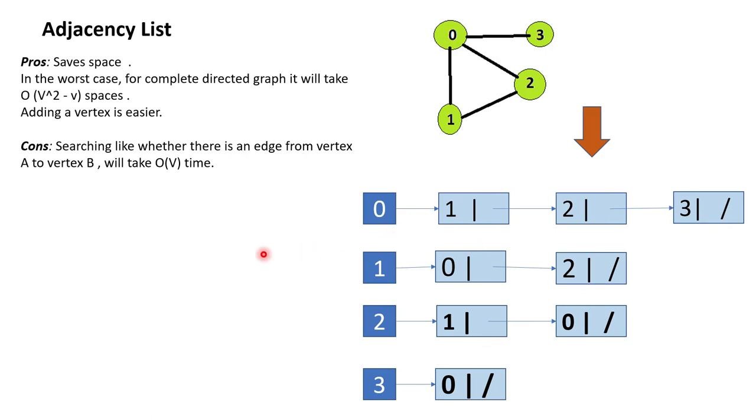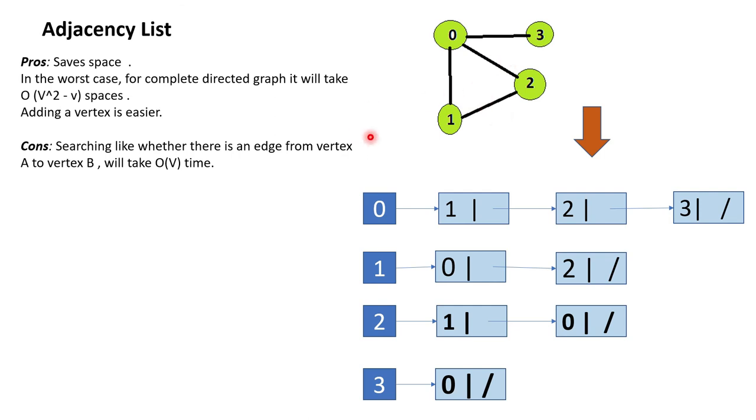So now we can discuss some pros and cons of adjacency list. Obviously it saves some space, because for adjacency matrix the space is more. And in the worst case scenario also, suppose we have a complete directed graph, that means if we consider this part only, not the 3, then it's a complete graph, means each and every node is connected with other node with an edge. Here, if a direction is also given, suppose I have connection from 0 to 1, then 1 to 0 also, then total number of edges will be 3 into 2, 6.